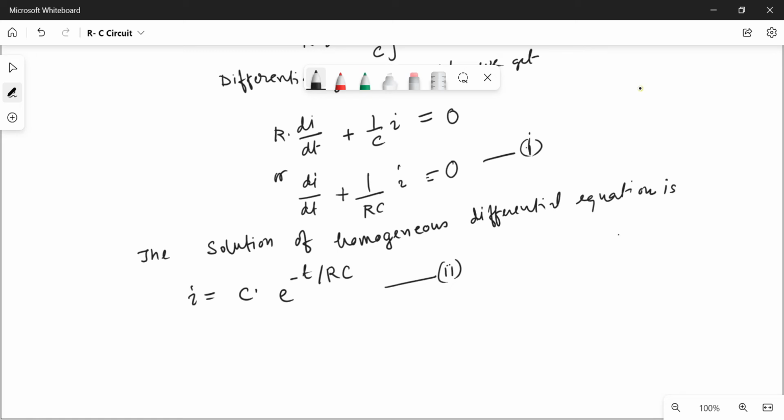This one is equation number 2. But C is an arbitrary constant and we will find the value of C.